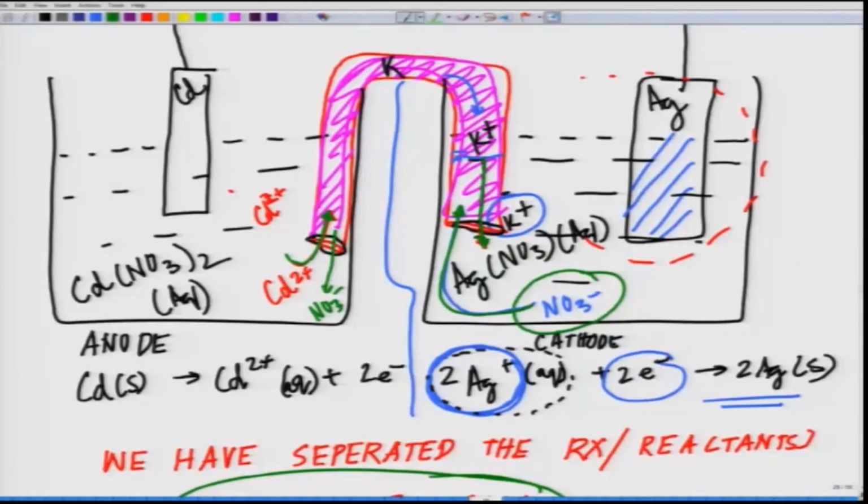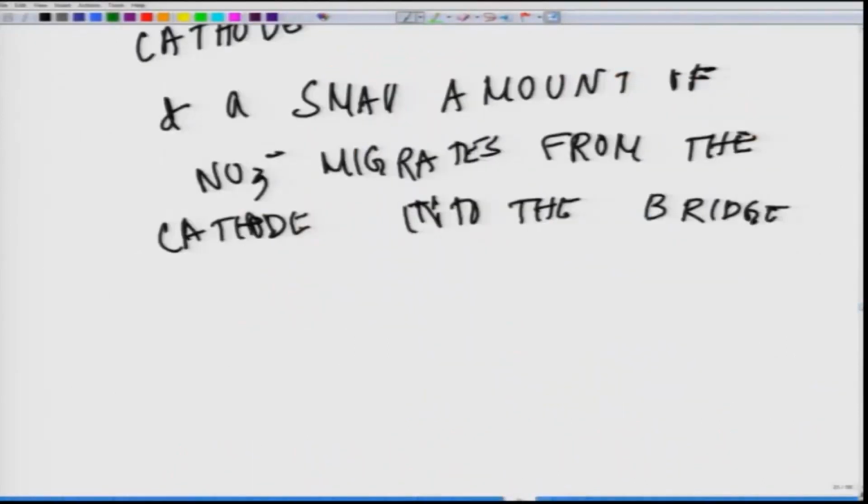That is very important for you to understand. Now, if we go back, cathode into the bridge. This part is very important, the ion migration. Why is this ionic migration essential?